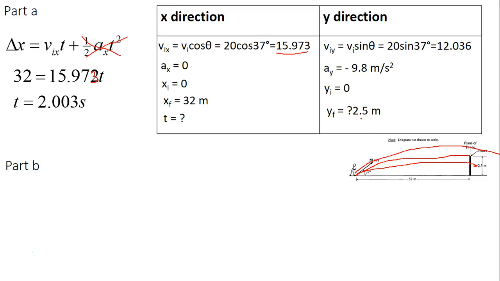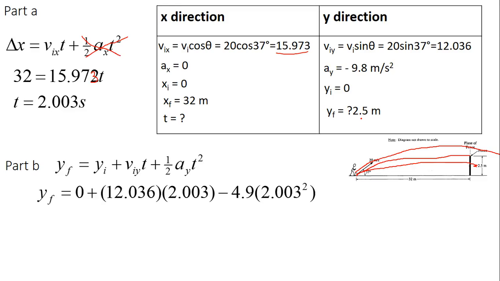So again, we want to use the second kinematic, but this time for the Y direction, we just plug in our variables. So we got the time from part A of the problem, so that was useful. And we end up with YF being 4.44 meters.